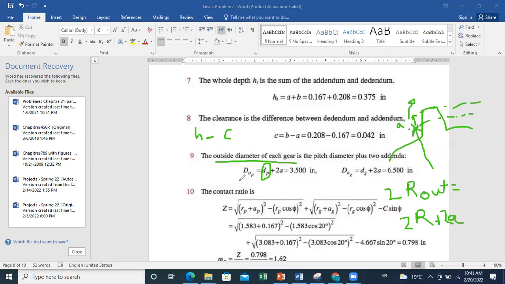You do this calculation for your pinion, you do this calculation for your gear, and then you can get the value of the outside diameter for each.